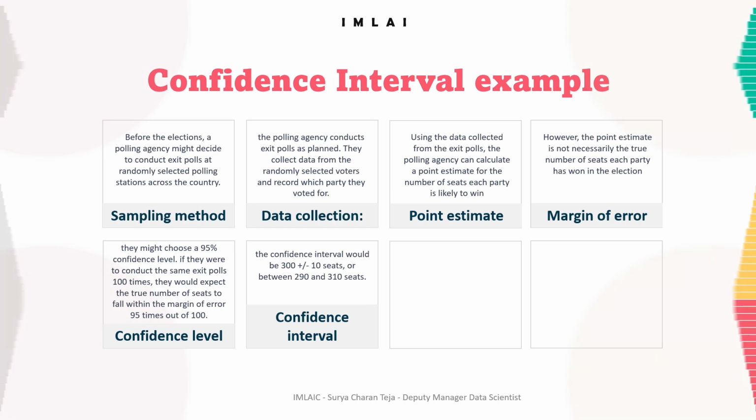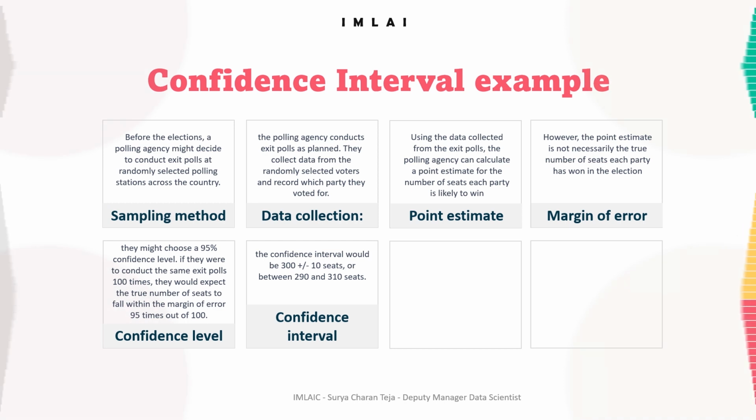So using statistical methods, the polling agency can calculate a confidence interval around the point estimate. In our example, the confidence interval would be 300 plus or minus 10 seats, or between 290 and 310 seats.